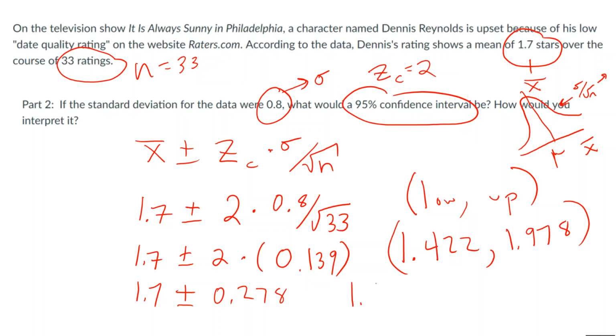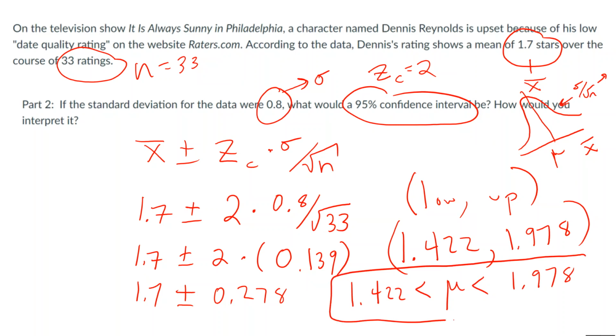Put the lower bound 1.422, and then I'm going to demonstrate the true mean, with 95% confidence, is between 1.422 and 1.978. So that is the 95% confidence interval for the true mean. We are 95% confident the true mean with this data, the true mean for Dennis, is between 1.422 and 1.978 stars.